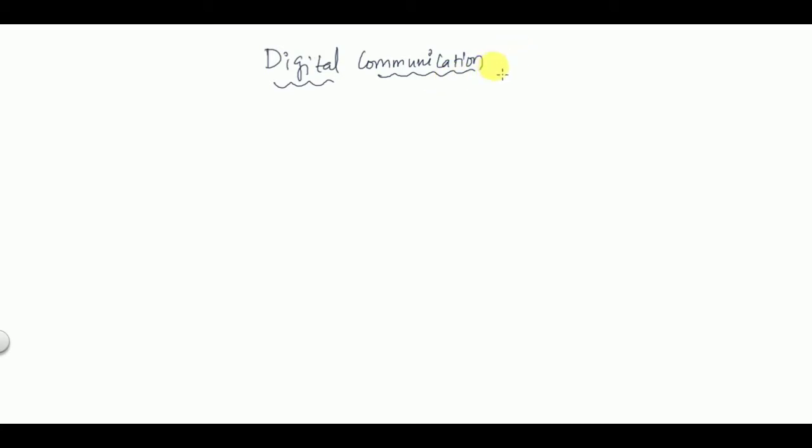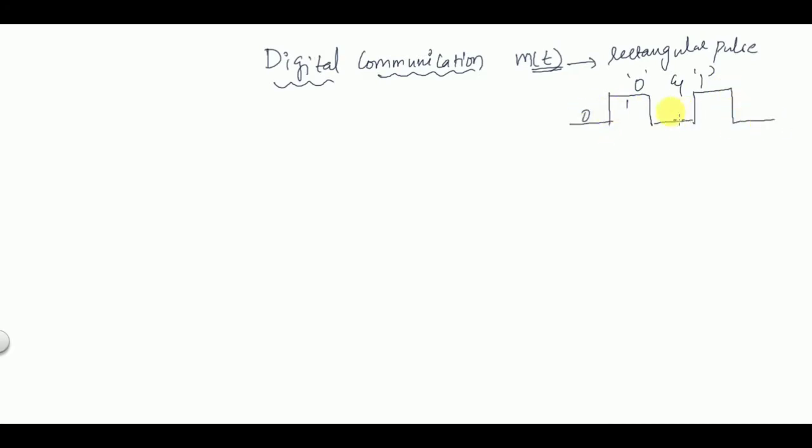Right, so what is the difference between analog communication and digital communication is, in digital communication the message signal m(t) is a rectangular pulse which consists of zeros and ones. It is a rectangular pulse like this, 0 1 0 1 and so on.